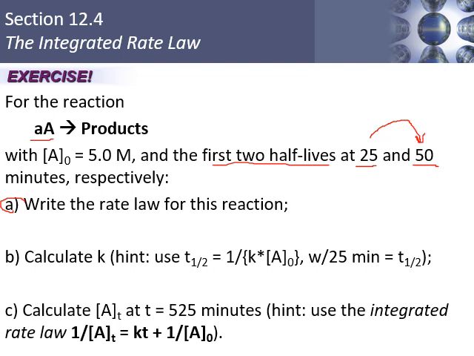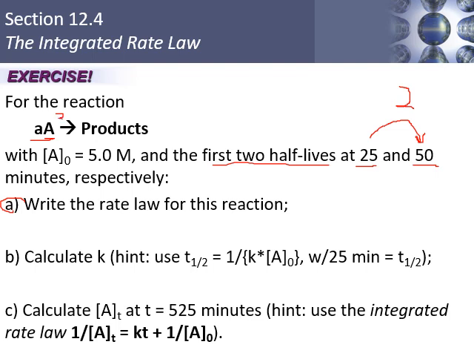That means this is a second order reaction. So the exponent is going to be 2. So it's going to be the rate equals some rate constant K times the concentration of A, because there's only one reactant, A, raised to the 2 power. So the n will be 2 here.